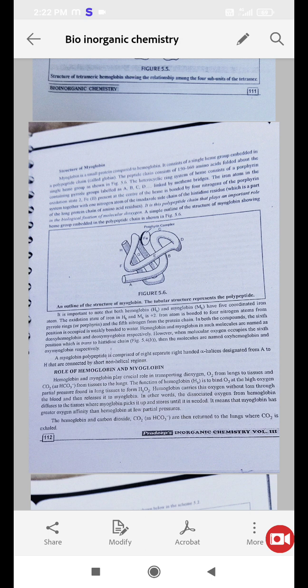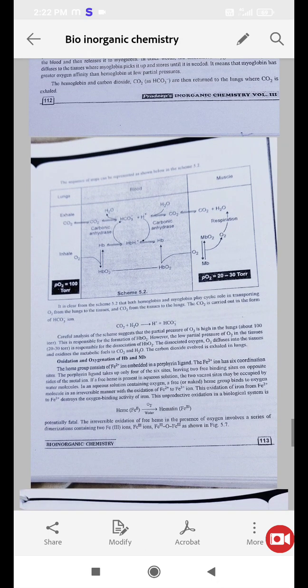In other words, the dissociated oxygen from hemoglobin diffuses to the tissue where myoglobin picks it up and stores it until it is needed. It means that myoglobin has greater oxygen affinity than hemoglobin at lower pressure. Hemoglobin and carbon dioxide are then returned to the lungs where carbon dioxide is exhaled.